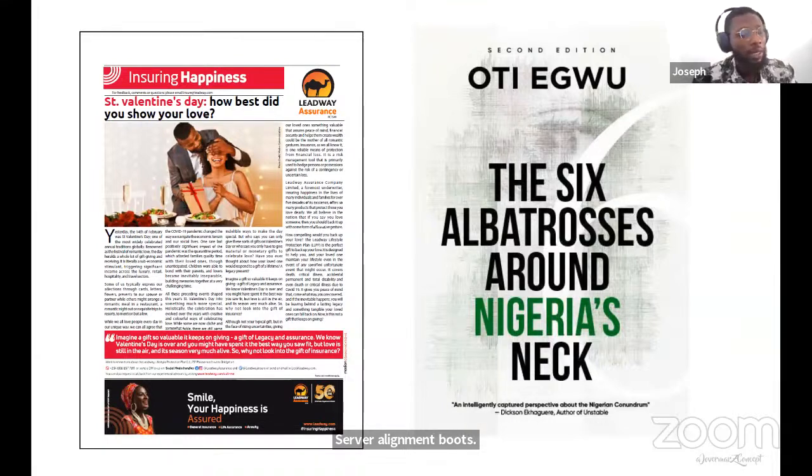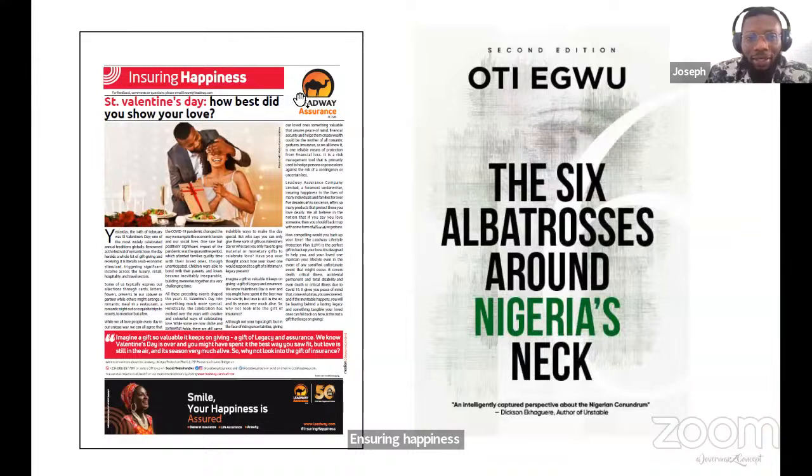Okay, so to answer your question, I'll do it this way. This publication that you see here is broken into segments. You can see that there are lines around each segment. Ensuring happiness is in its own segment.